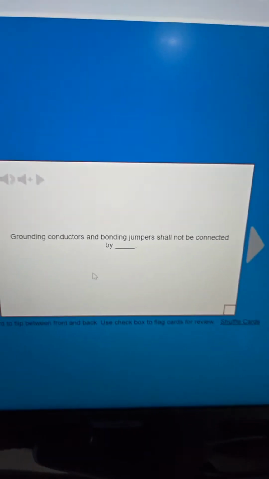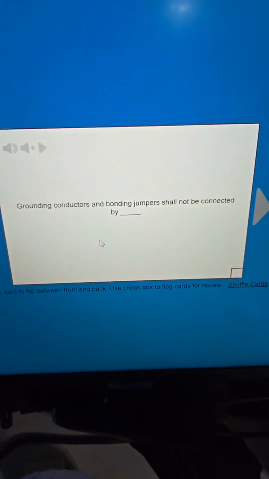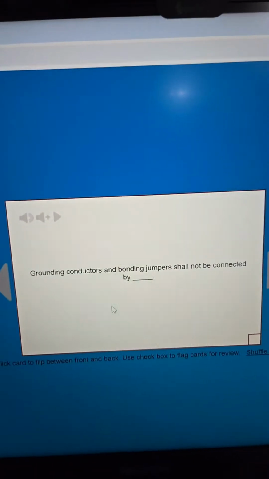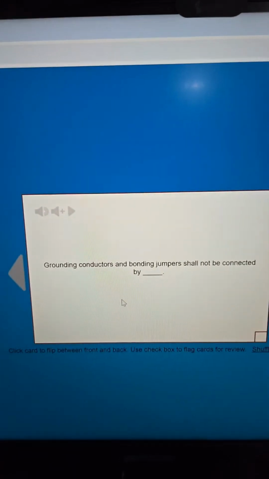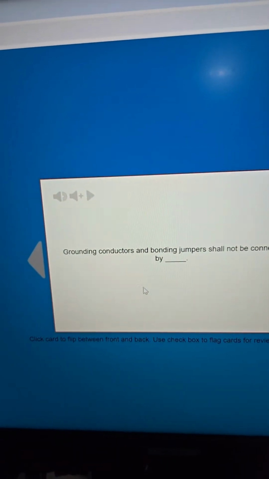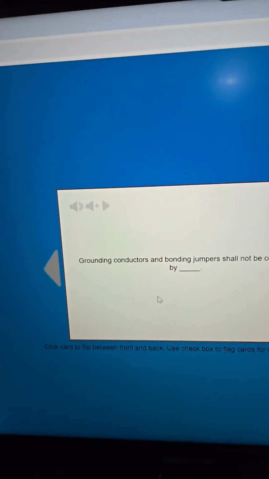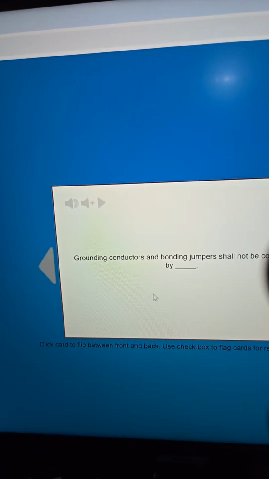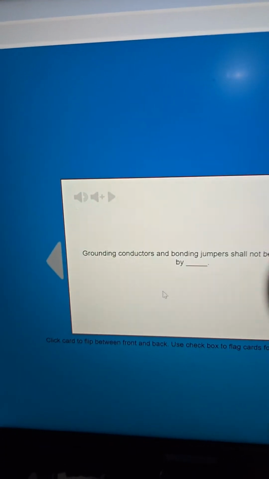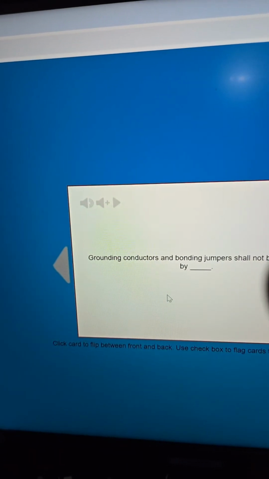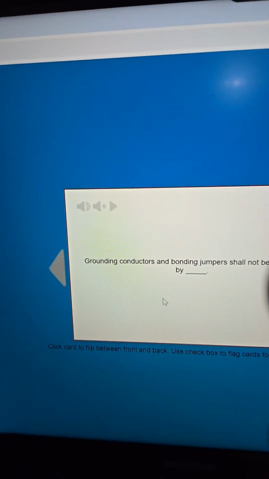Oh, we were guessing, dude. I didn't even have the book in front of me. We still passed it. Grounding conductors and bonding jumpers shall not be connected by... I can think of a lot of things. Self-tappers. Like compression. Like friction fit.